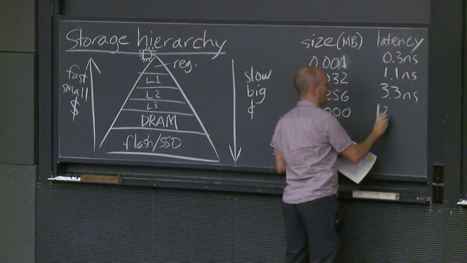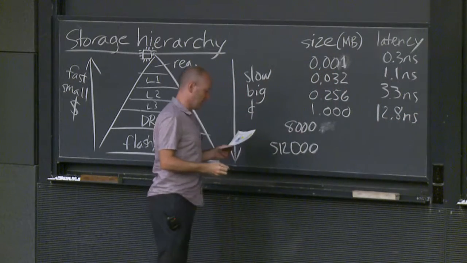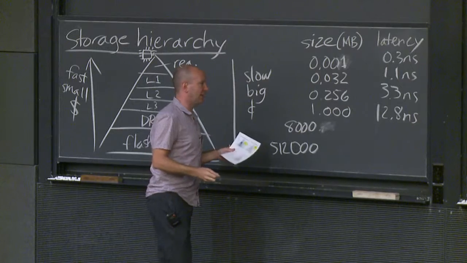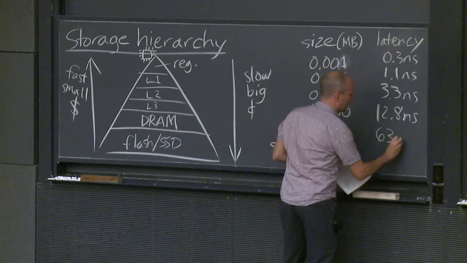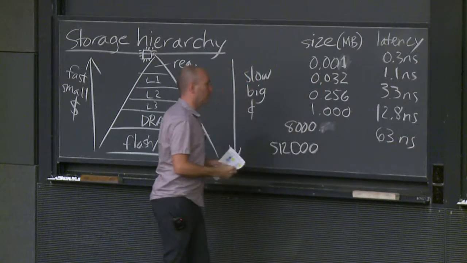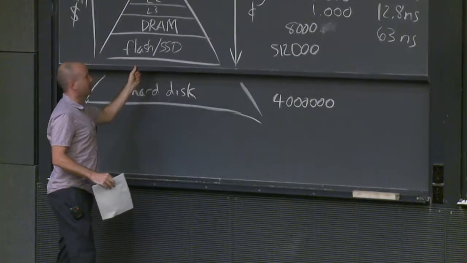Maybe 12.8 for the level 3 cache. Once we get out to main memory, things really start slowing down. Roughly 63 nanoseconds to access something in main memory, also called primary memory.